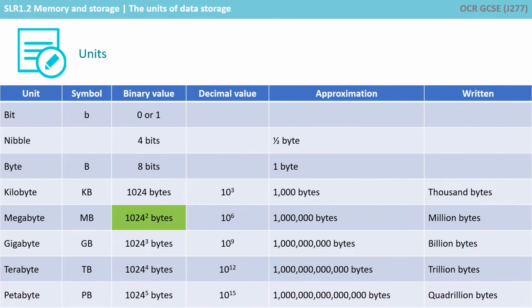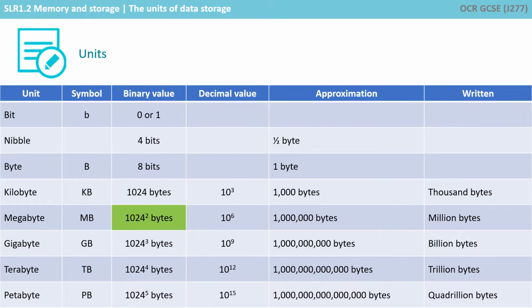Here are the units of measurements you need to know for the GCSE exams. You will notice that the binary values of these units are calculated by powers of 1024. Therefore, a megabyte is 1024 multiplied by 1024 bytes.